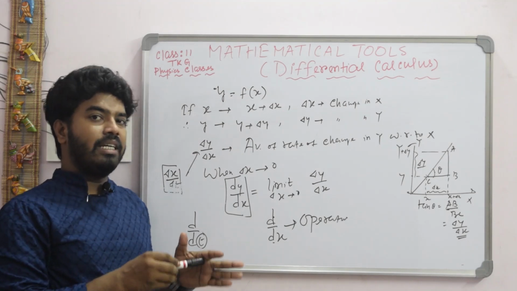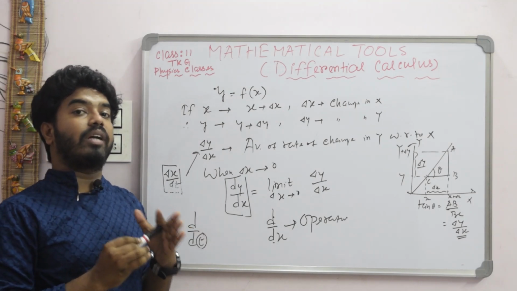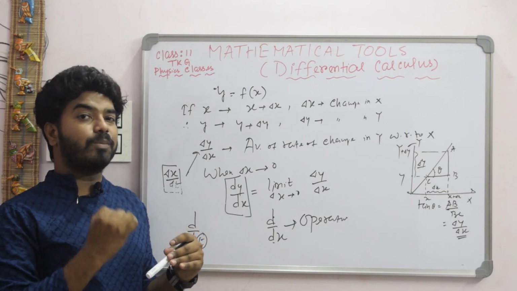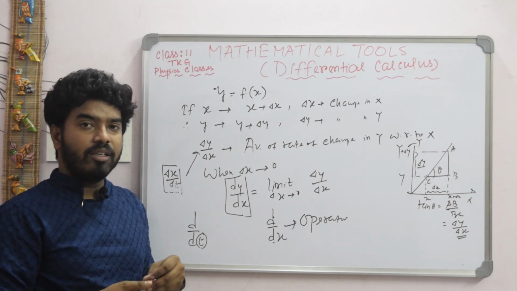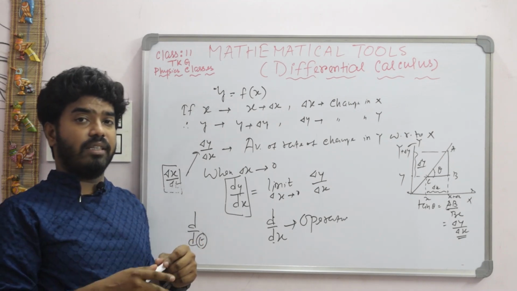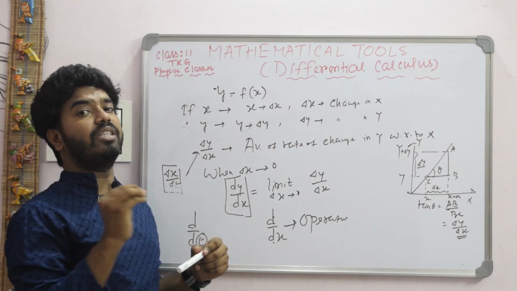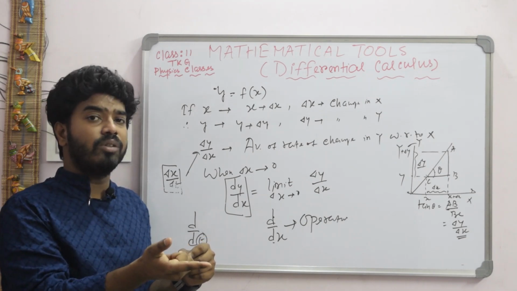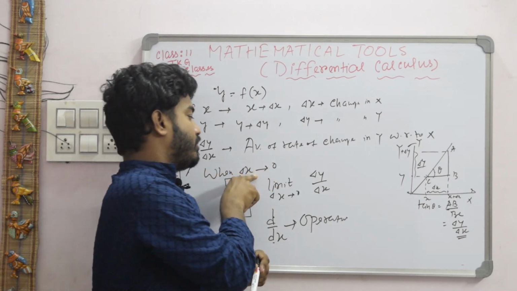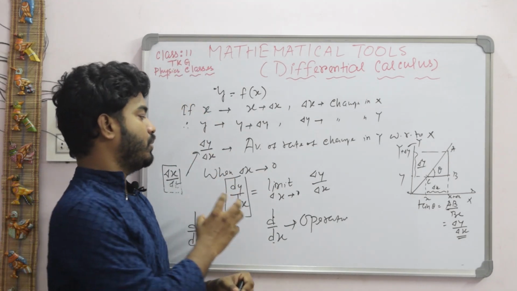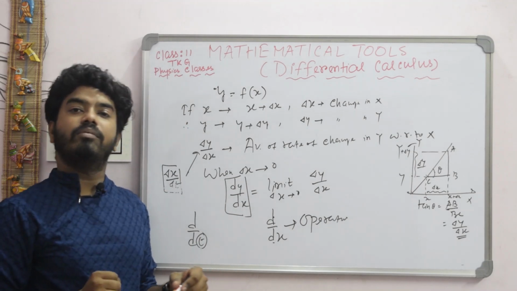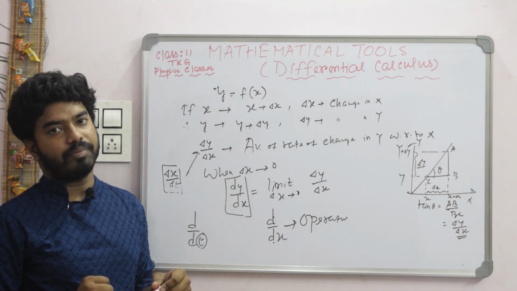Basically we need differentiation for calculating instantaneous speed and instantaneous velocity. Why? Because in the instantaneous case, the change in time interval tends to 0, and when the tends to 0 condition arrives, we need to solve differentiation, right?